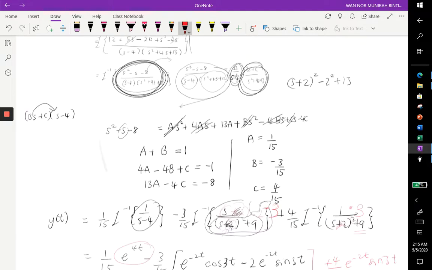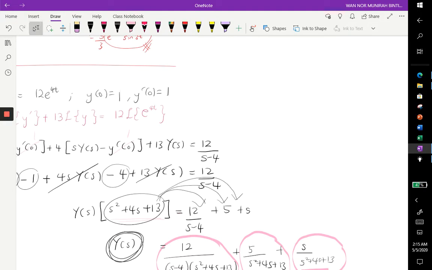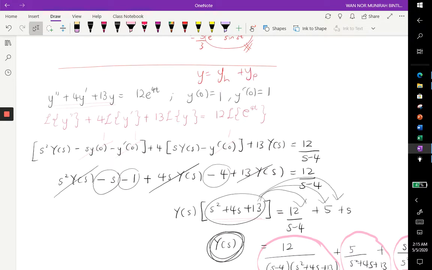When you try to recall VPM in chapter 2, UCM and VPM, we know that by using UCM and VPM, the solution is y equals yH plus yP. yH is the homogeneous solution, and yP considers the whole equation. Let's say you consider UCM and this one is case 2, exponential function. For yH, you consider this one equals 0.